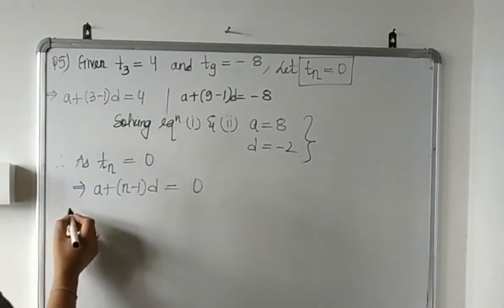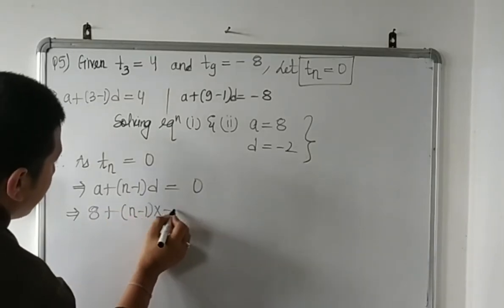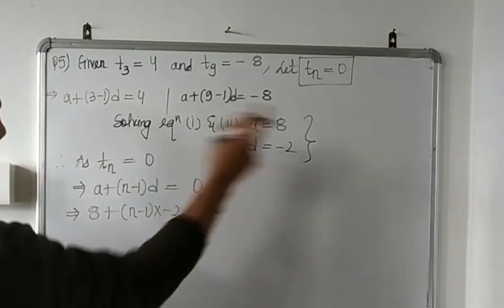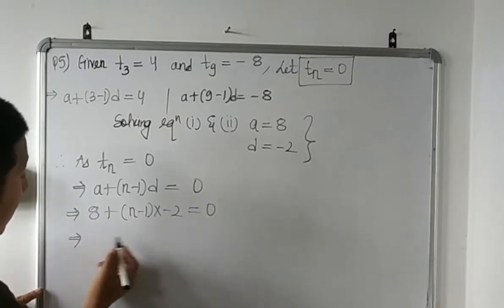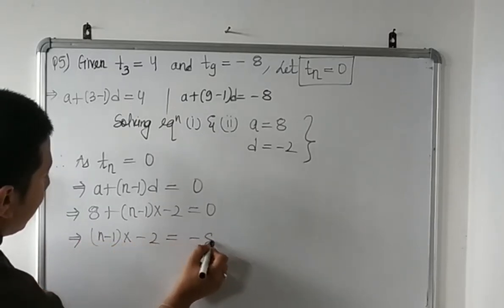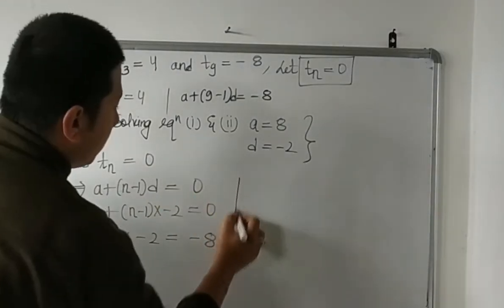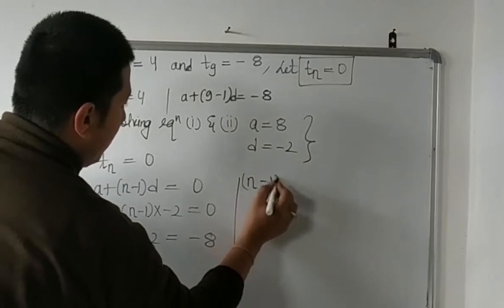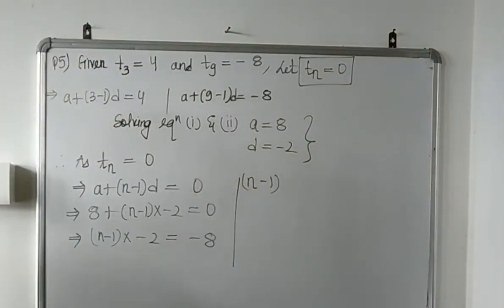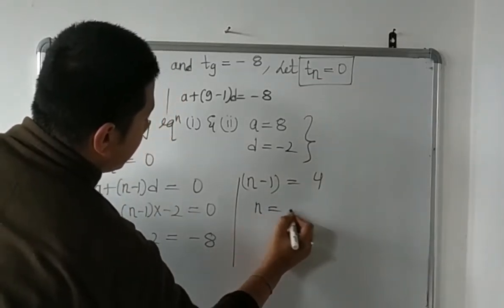A is 8, so 8 plus n minus 1 into minus 2 equals 0. 8 goes to the right hand side and becomes minus 8. So n minus 1 into minus 2 is equal to minus 8. Minus minus gets cancelled out. So n minus 1 equals 4, so n is equal to 5.